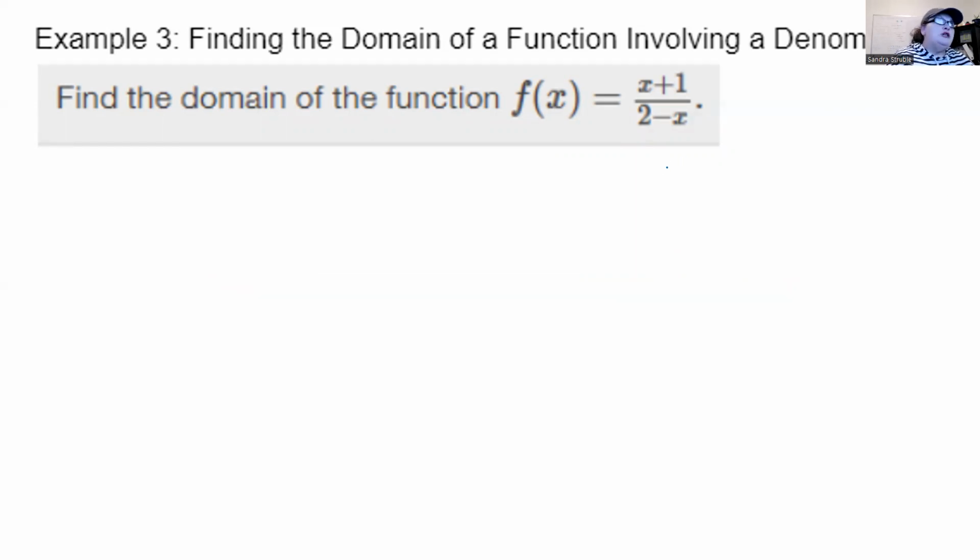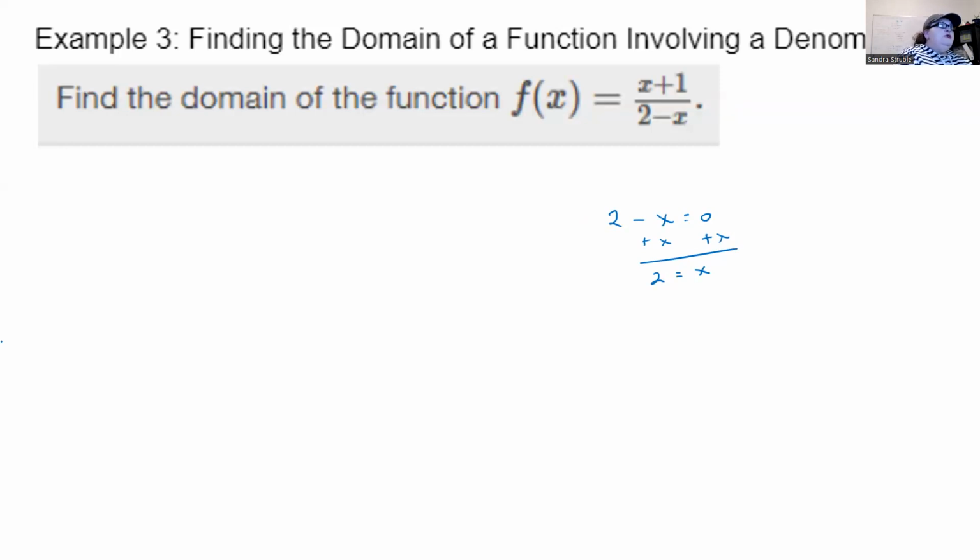So anytime you have a fraction and you need to find the domain, you just take the denominator, set it equal to 0, and find out what you can't have in your domain. So 2 minus x equals 0. I'm just going to move my x to the other side, and I get that 2 is equal to x. So I cannot have x equal to 2 in this function, because if I do, the whole thing's going to be undefined.